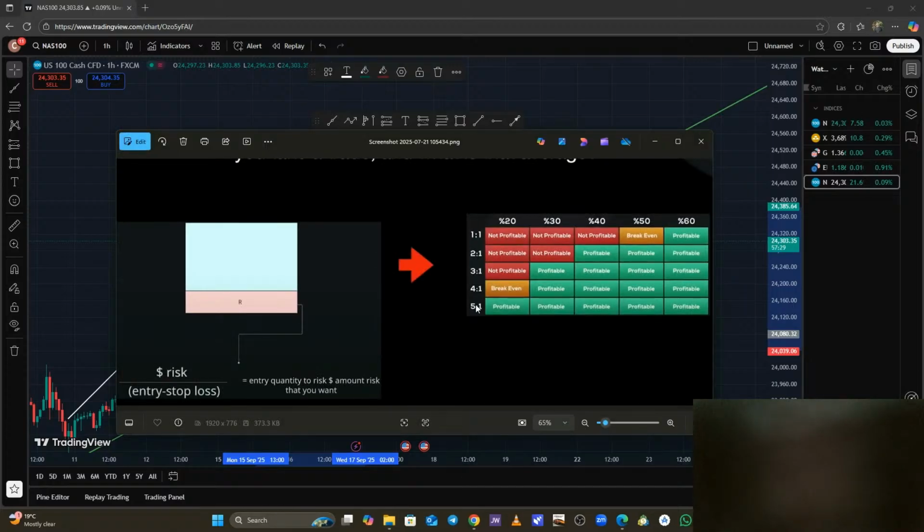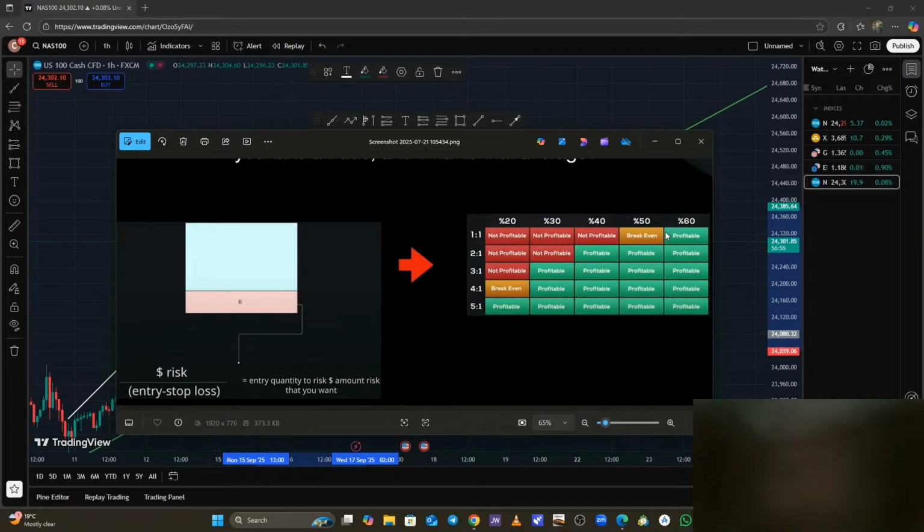So what you're seeing on your screen is a chart showing profitability when you merge it together with risk to reward. If your risk to reward is 1 to 1, you need to be right 60% of the time to be profitable, and you need to be right 50% to break even. If you are right 40% and below, you will not be profitable.